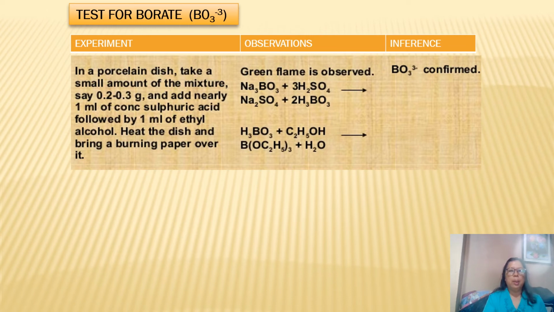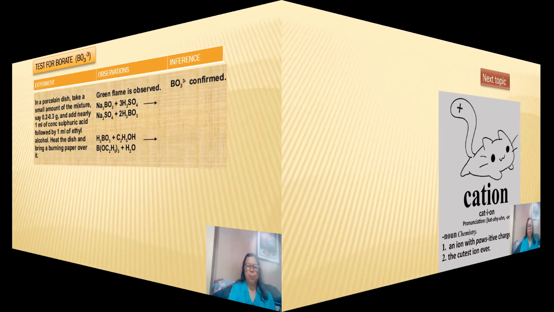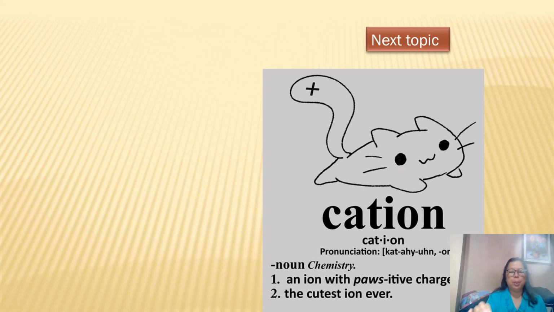And then the porcelain dish is heated with a burning paper over it, meaning to say you're going to place the burning paper into the porcelain dish or evaporating dish. If a green flame is produced, then you are sure that it confirms borate is present.